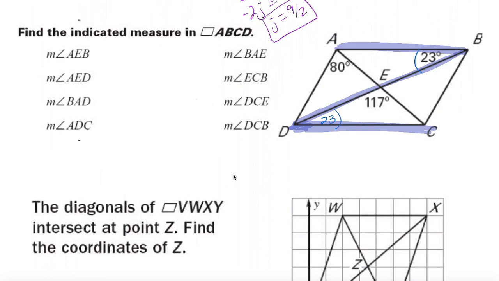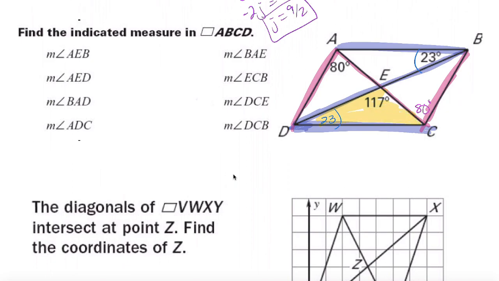We can also do some using the left side and the right side, and using that 80 that was labeled there, have some alternate interior angles with the 80. That will bring the 80 over here. So that gives us two angles to add to our picture. I'm going to use now the triangle at the bottom.